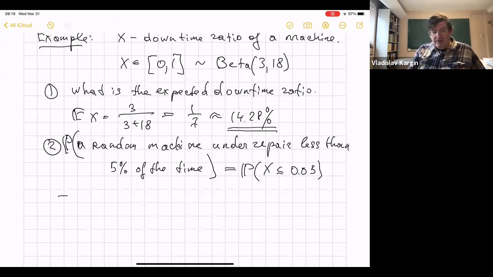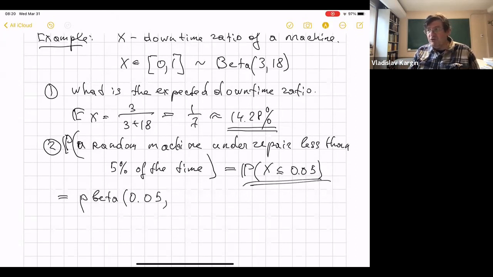In this case, we write pbeta. This is clearly a cumulative distribution function, so we just write pbeta of 0.05. After that, we just need to know how the parameters are called. In R, they are also called alpha and beta.